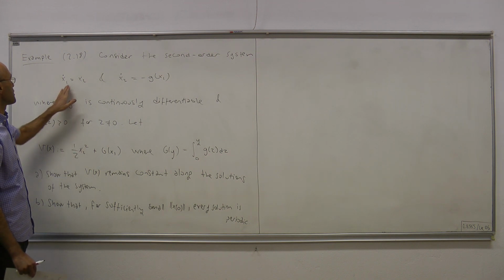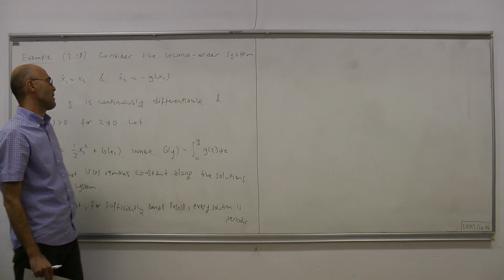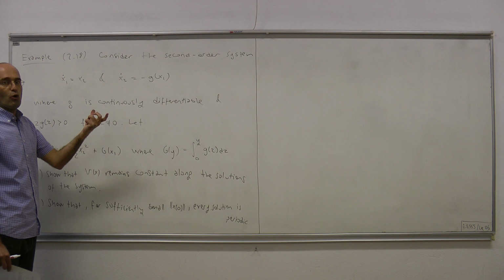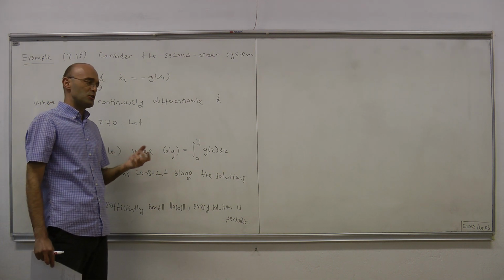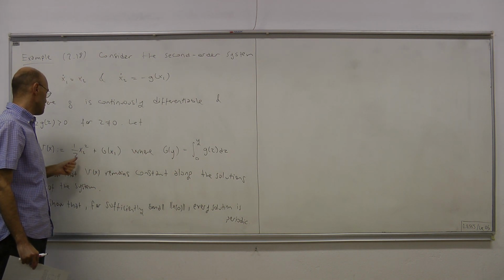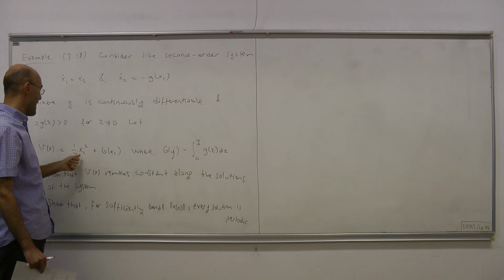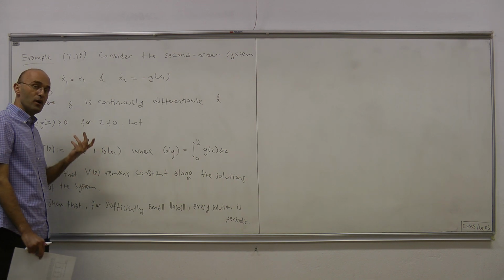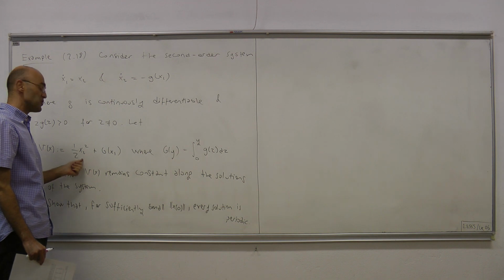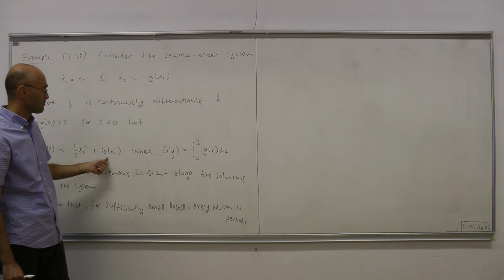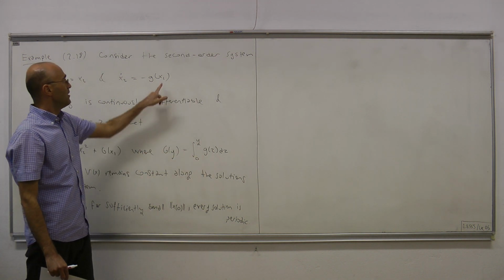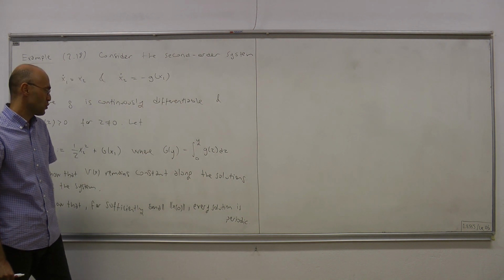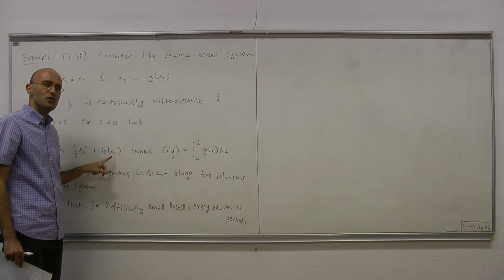Note that for the normalized mass spring system, this would correspond to 1/2 m x2 squared. m is 1, and this is kinetic energy, and the integral of x1 is 1/2 x1 squared, and this would be the potential energy of the spring.